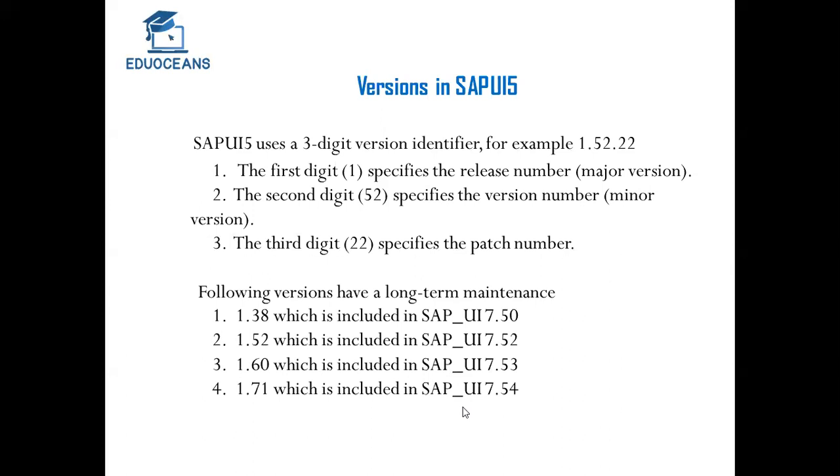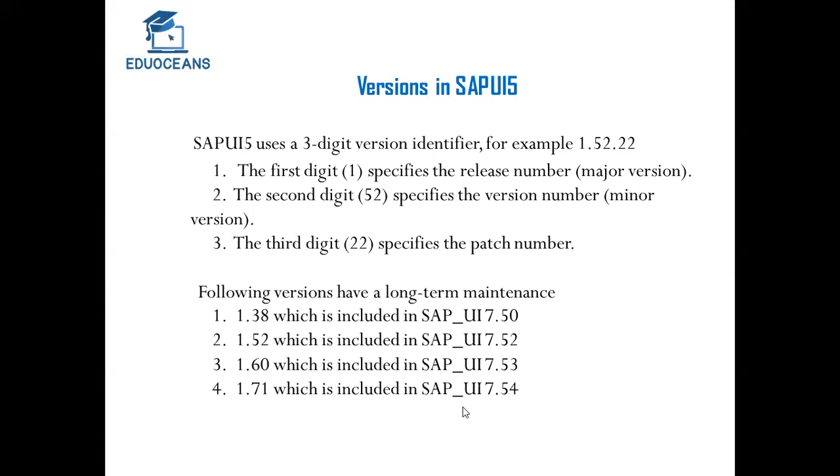In that case, what will happen? Your application will not deploy on that Fiori system. Why? Because your current template version is 1.52 and you're deploying on a system that is already 1.38. It will not work.